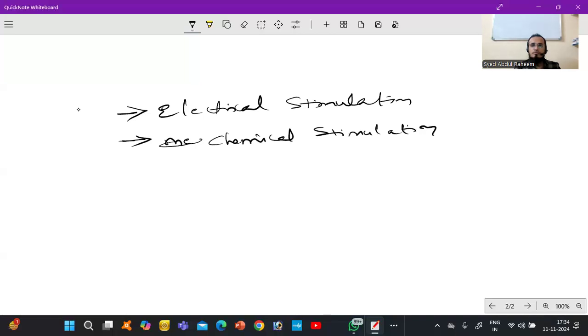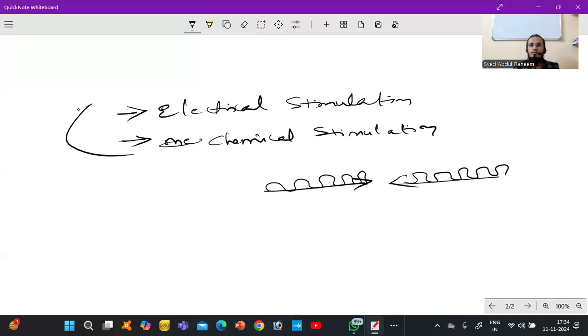Okay, so our neurons transfer their information within the neuron by electrical stimulation. Electrical stimulation within the neuron. Outside the neuron, it is chemical stimulation.